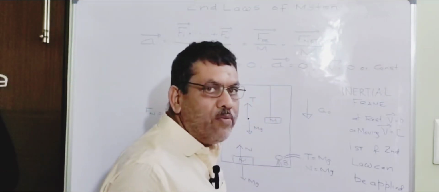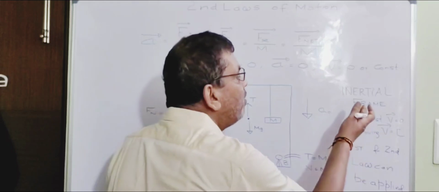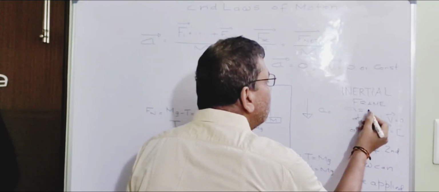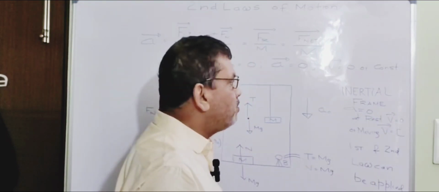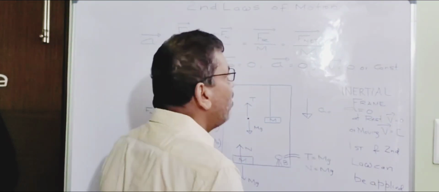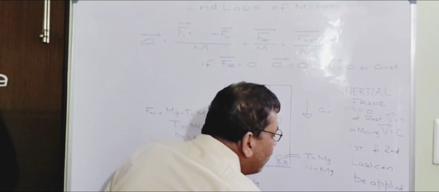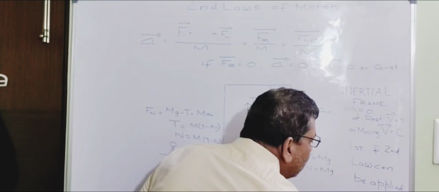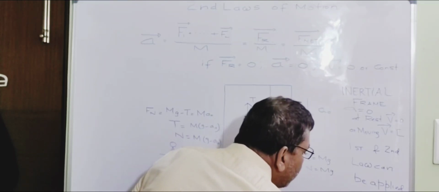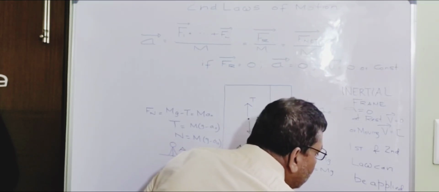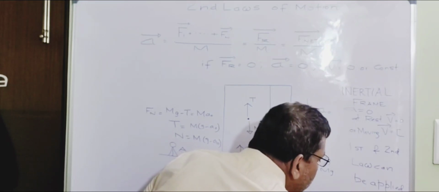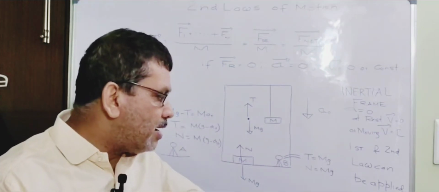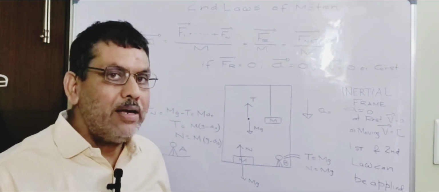But what is a non-inertial frame? Non-inertial frames are those frames which are accelerated frames. Inertial frames are also known as unaccelerated frames because their acceleration is 0. Accelerated frames are non-inertial frames. When we apply Newton's laws of motion in an accelerated frame, we have to apply a pseudo force.